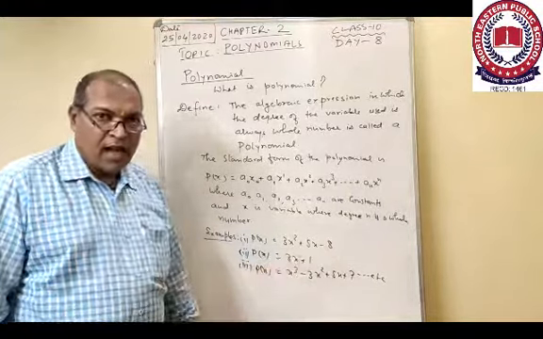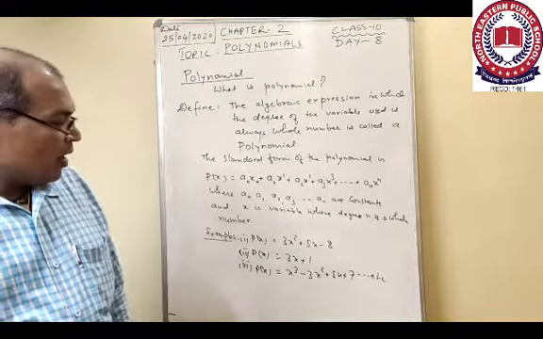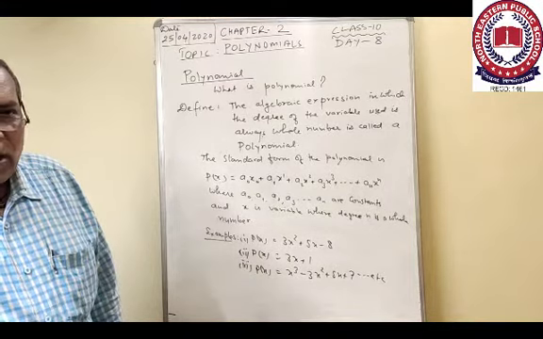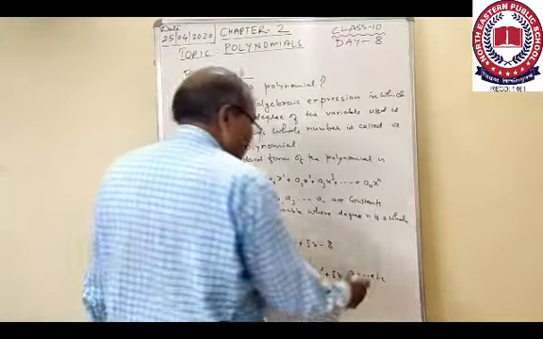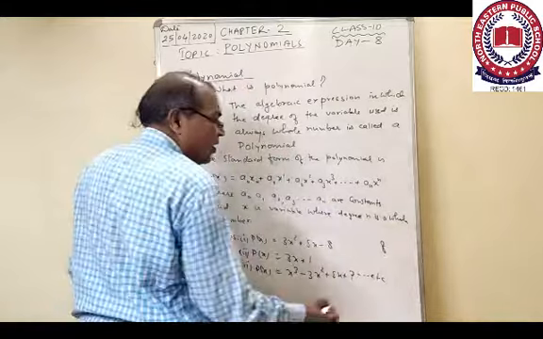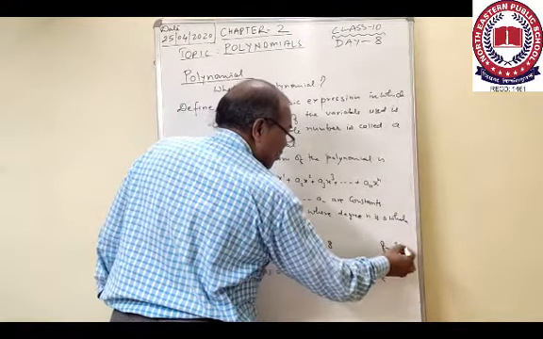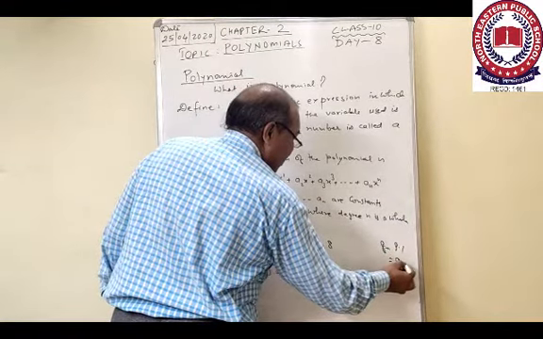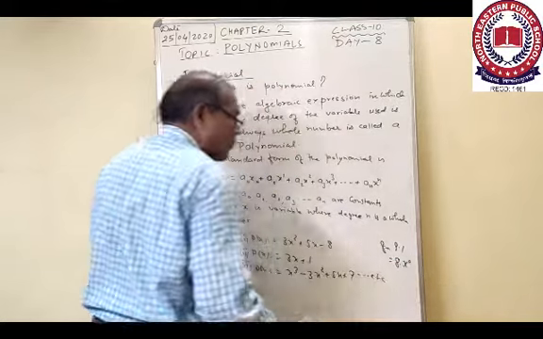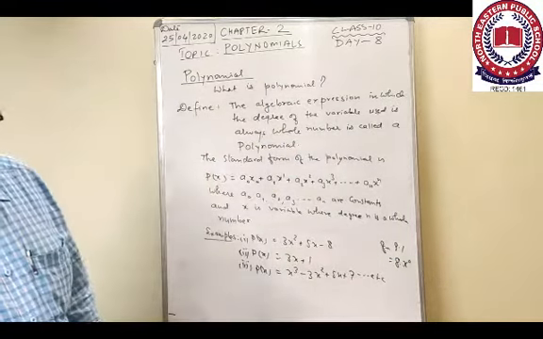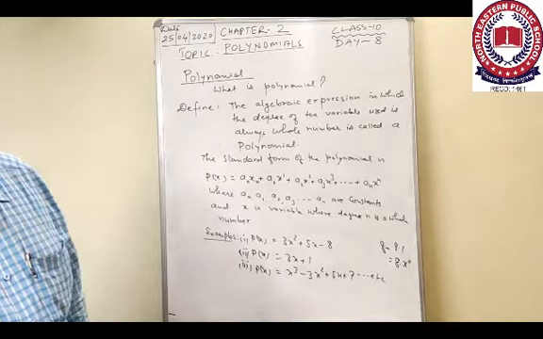But in the last term you will be looking into only constants are written. Constant, just like here 8 is a constant, so it can be written as 8 into 1. That can be written as 8 into x power 0, where the power of x is 0, that is a whole number.